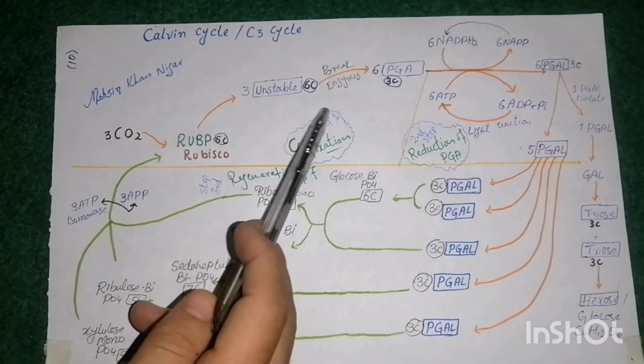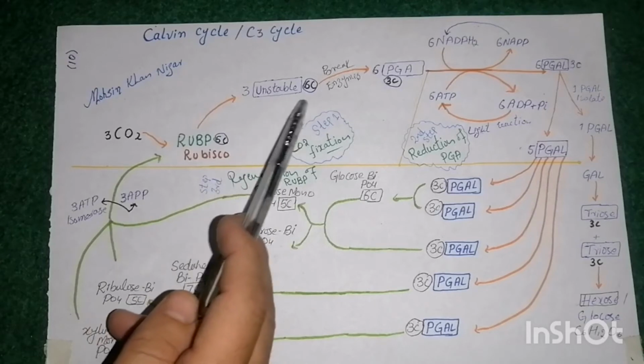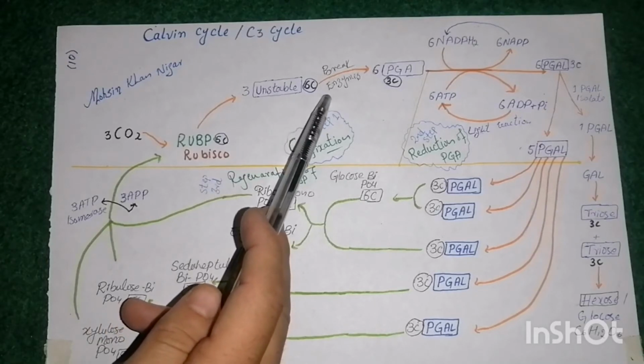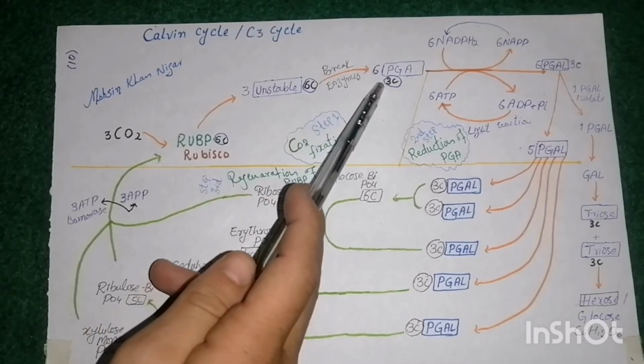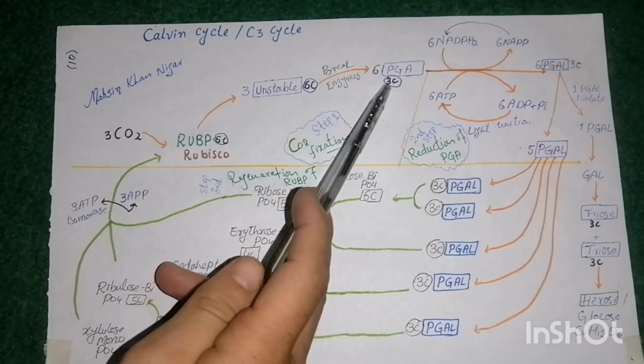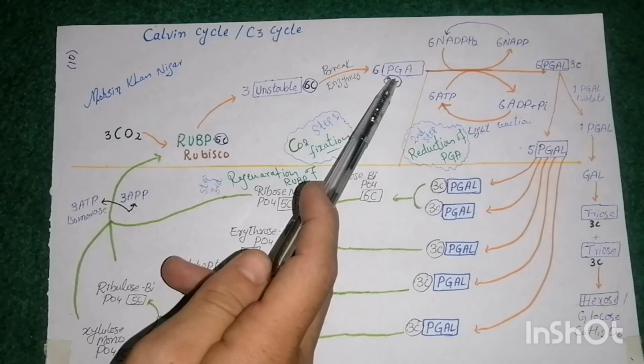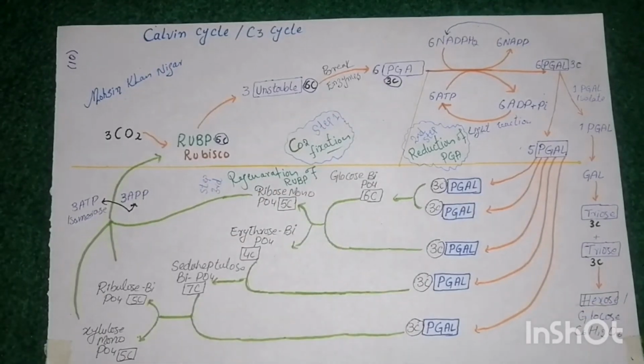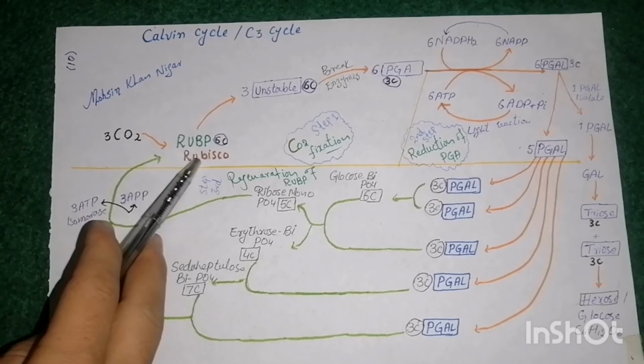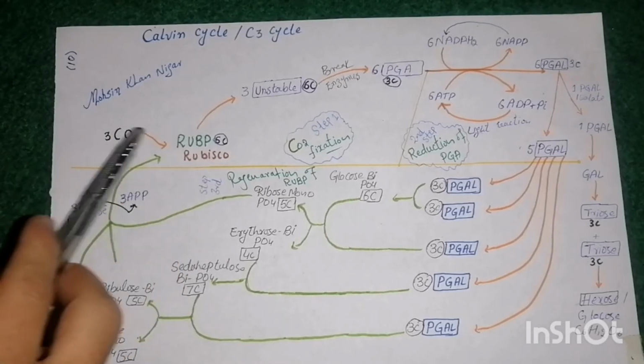This unstable 6 carbon compound breaks down in the presence of an enzyme to 6 molecules of a 3 carbon compound known as PGA, phosphoglyceric acid. Since carbon of carbon dioxide becomes part of an organic compound, this process is called carbon fixation.